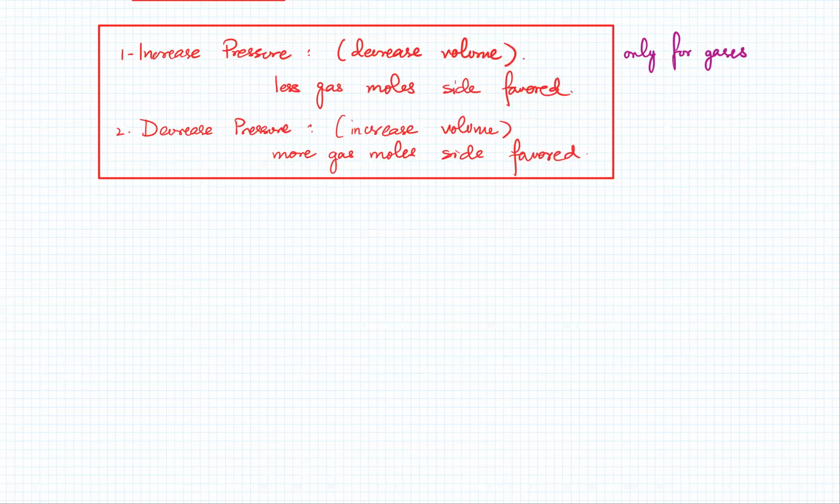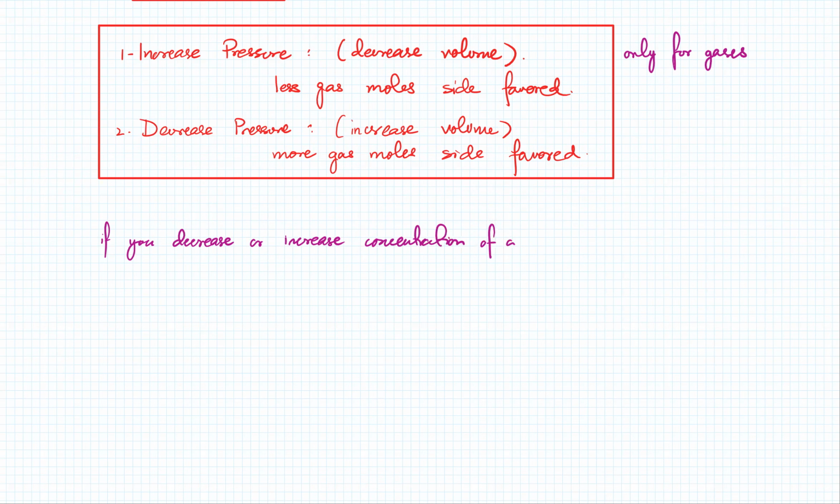So last rule is, okay, if you decrease or increase the concentration, okay, remember this is applicable to concentration only.